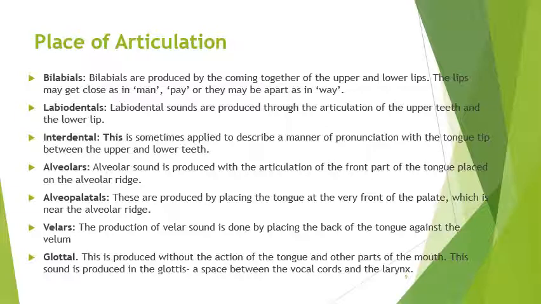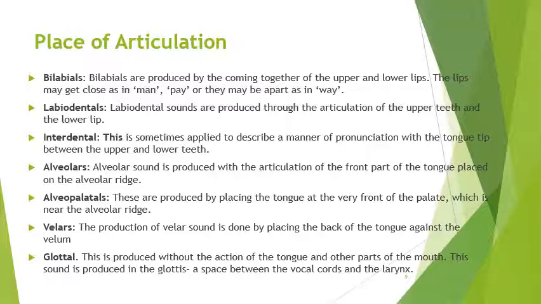Then we have labiodentals. Labiodentals are produced through the articulation of upper teeth and lower lip. Certain sounds are produced using upper teeth and lower lip. Sounds like f and v, as in friend, as in vision. The first alphabets of these words are labiodentals.